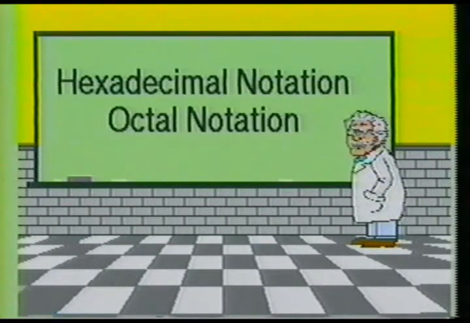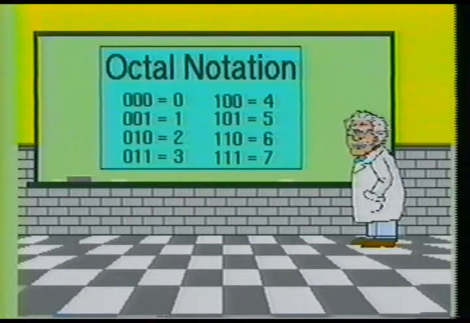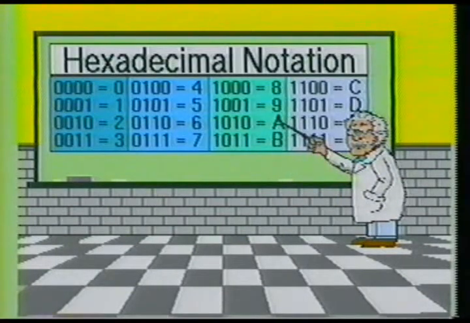To simplify the calculations of large binary numbers, 2 common notation groups of bits are used, octal and hexadecimal. The octal system uses a base of 8 and only utilizes digits 0 through 7. The hexadecimal system, on the other hand, uses a base of 16 and uses digits 0 through 9 and letters A through F.